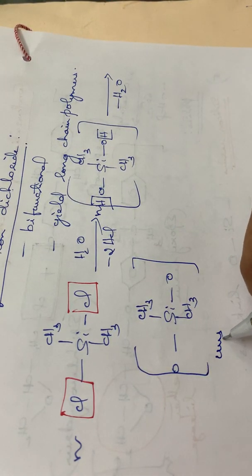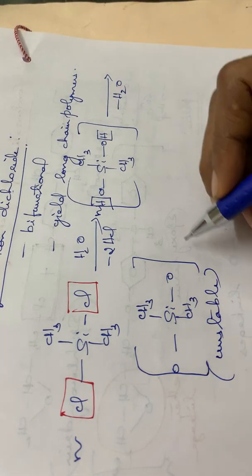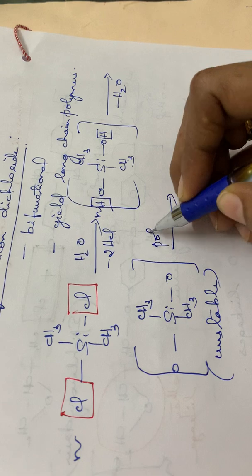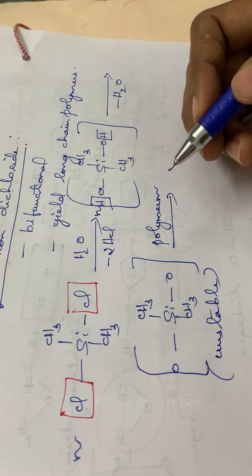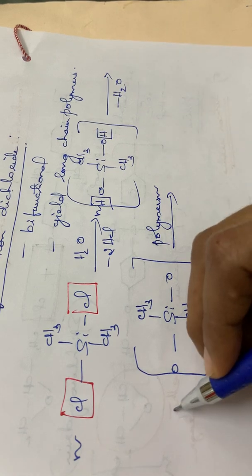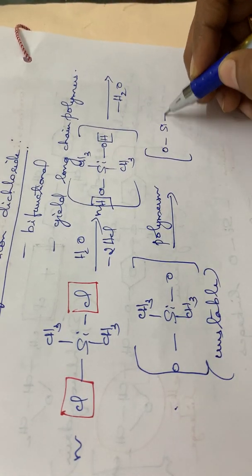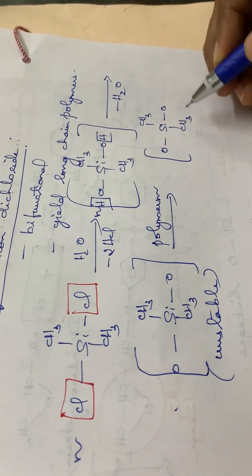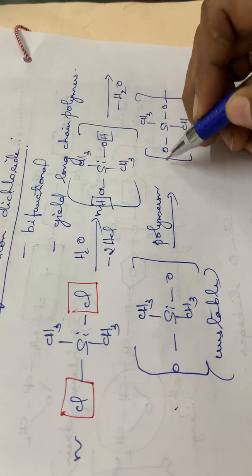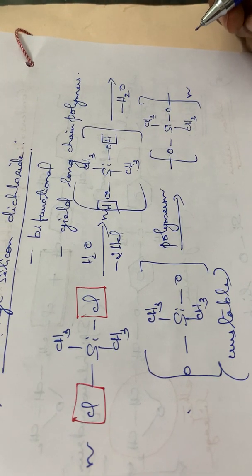This is highly unstable, and on polymerization with n number of molecules, we will have O, Si, O, then CH3, n times. That means it has undergone polymerization.